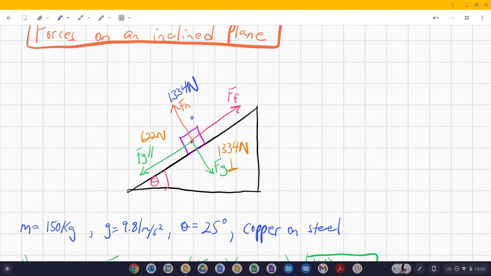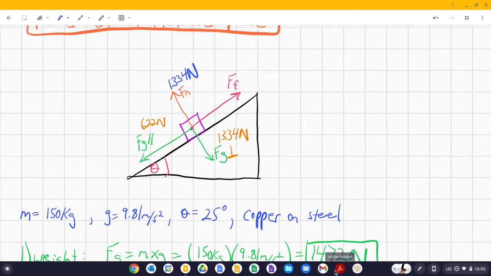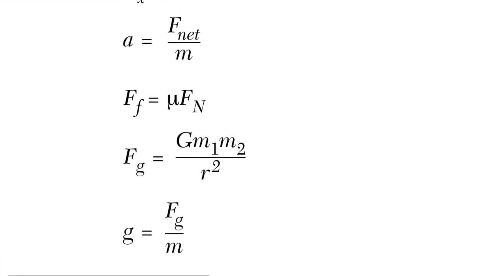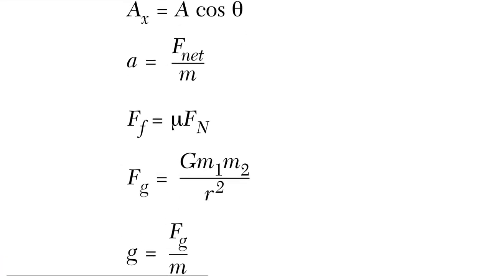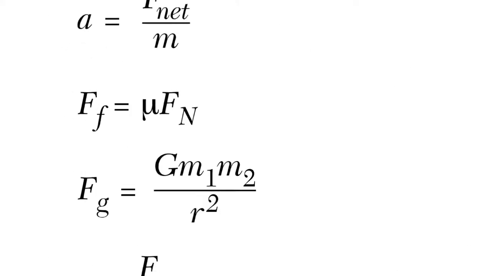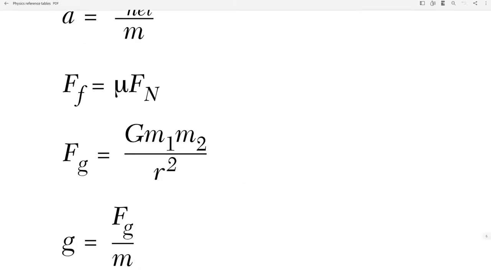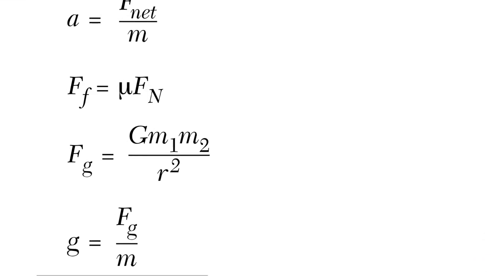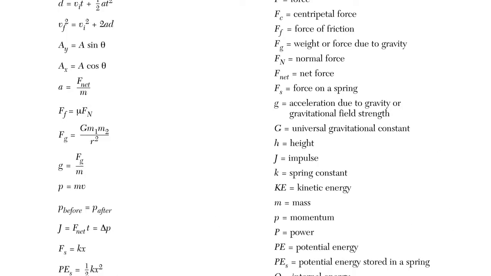And wait a second, now that we know normal force, we can solve for friction, right? Because friction is the coefficient of friction times the normal force. Okay, sweet. So now we can figure out what the friction level is, and we can determine if the object will slide down the hill, whether it will accelerate down the hill, slide with constant velocity, or whether it's just stuck because the friction is so strong.